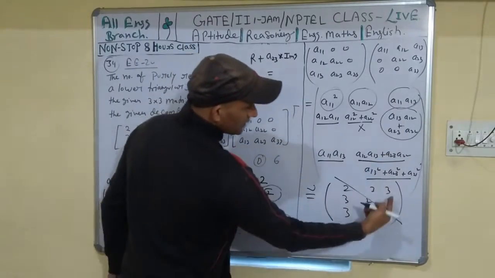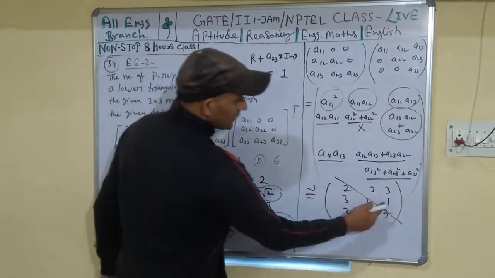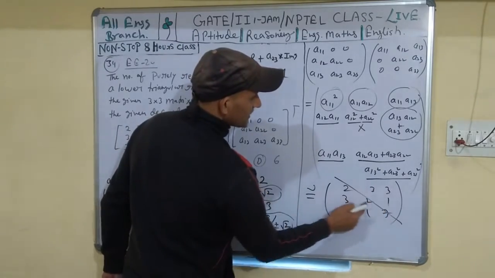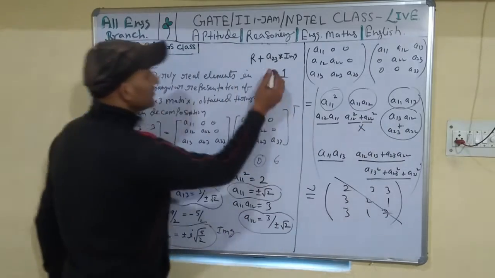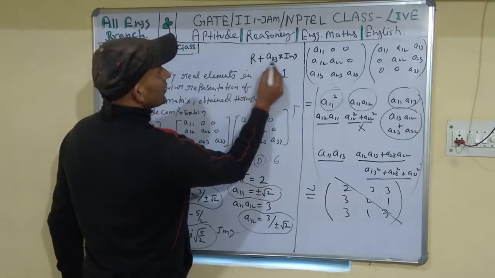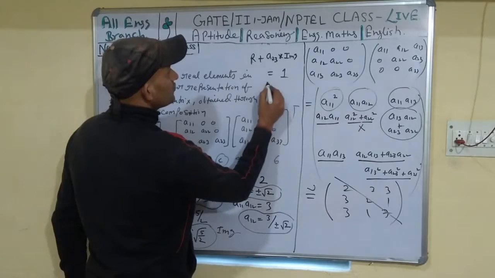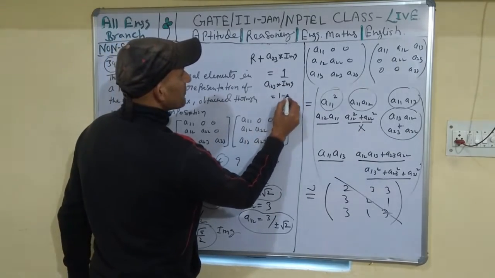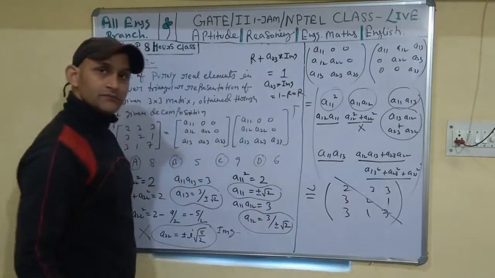You have to compare first with first, second with second, third with third. So A23 into imaginary is equal to 1 minus real, which is again real.